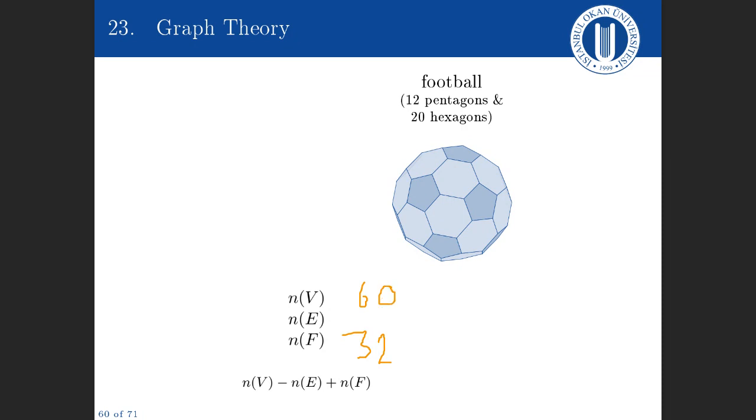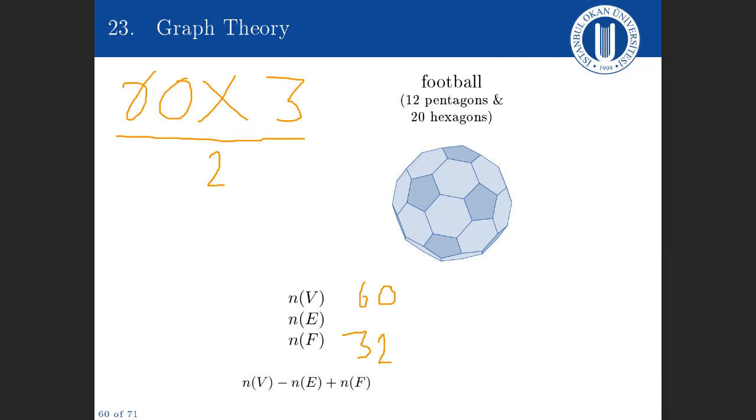And how many edges? We have 60 vertices. Every vertex is connected to 3 different, has 3 different edges. So 60 multiplied by 3. And then we divide by 2. 60 multiplied by 3 is 180.